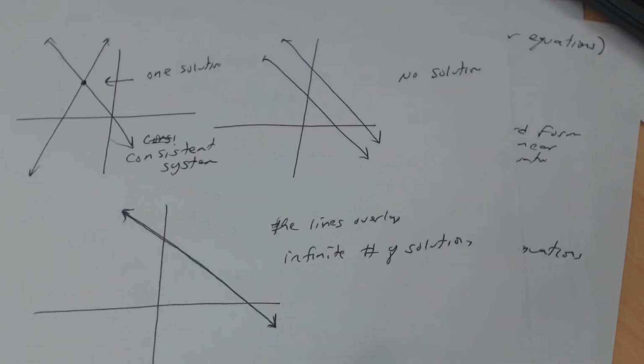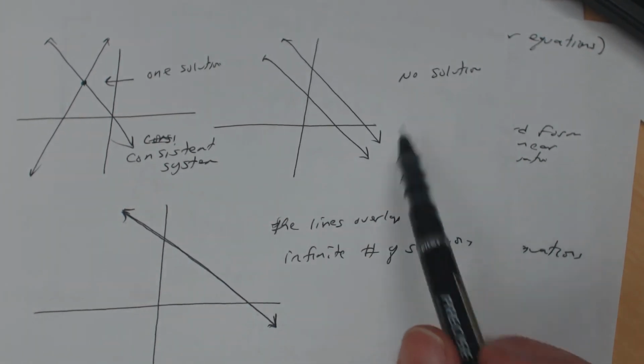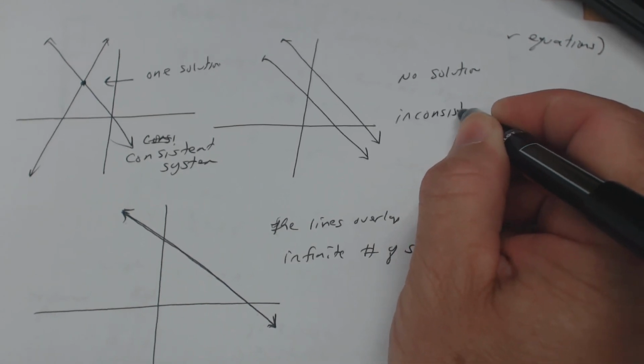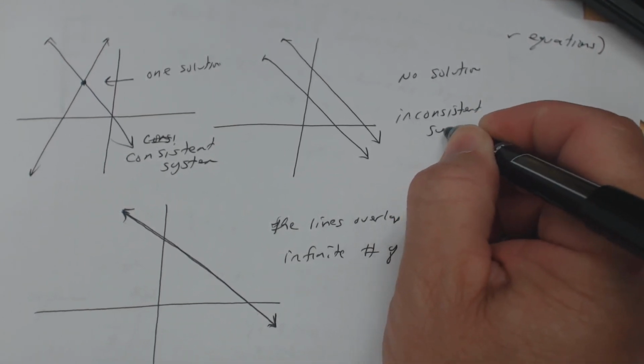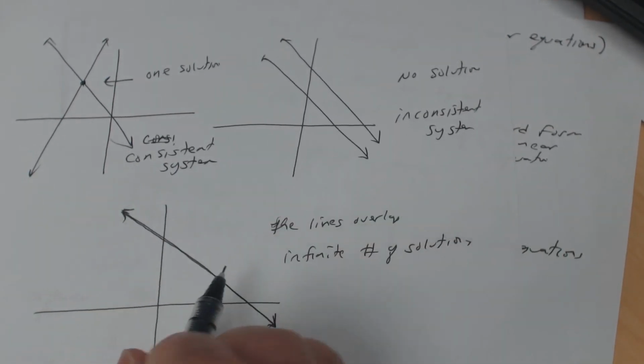Okay? If the system has no solution, it's called inconsistent. So that's an inconsistent system. So consistent, inconsistent.